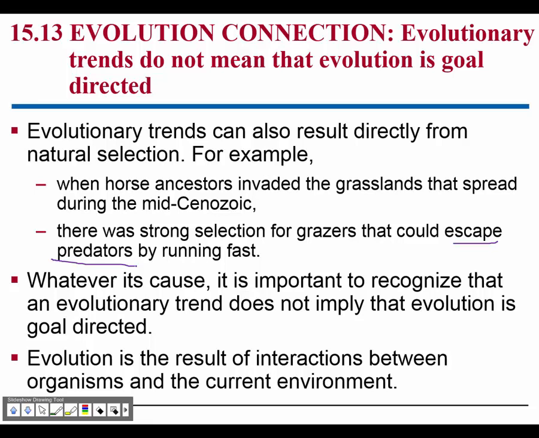It's important to recognize an evolutionary trend does not imply that evolution is goal-directed. In fact, evolution is not goal-directed at all. It's simply, I guess you could say, a downward escalator of natural selective forces, and evolution tries to keep up with adaptations, and animals generally don't make it.